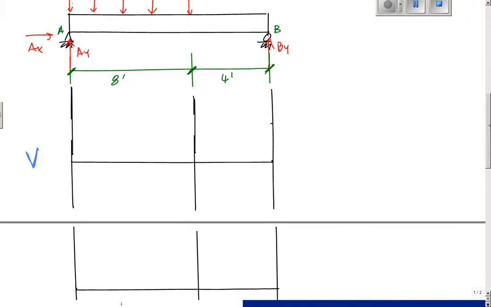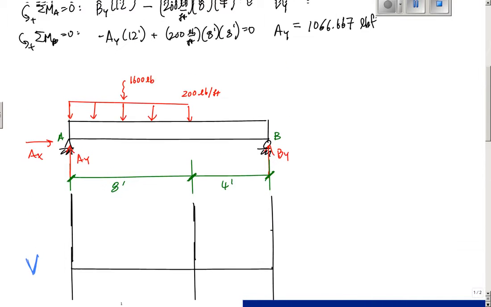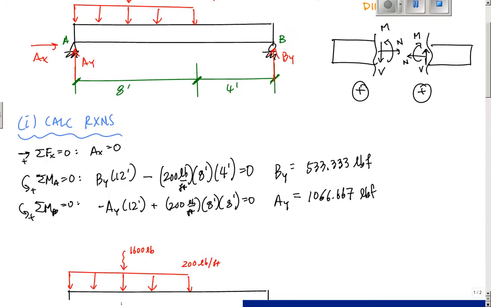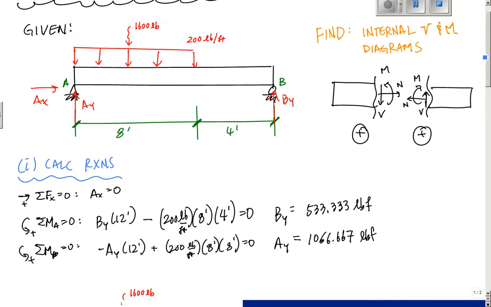The key is, unless you really understand what's going on, you probably want to follow general rules until you get a really good understanding of what is going on. In this case, you remember that dV/dx is equal to minus w. This is a popular equation that relates the slope of the shear diagram to the value of the distributed loading, or the negative of the distributed loading.